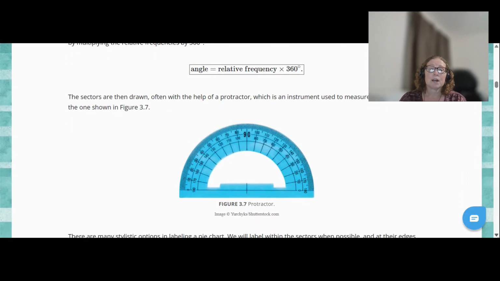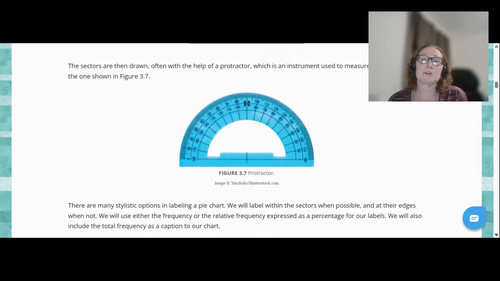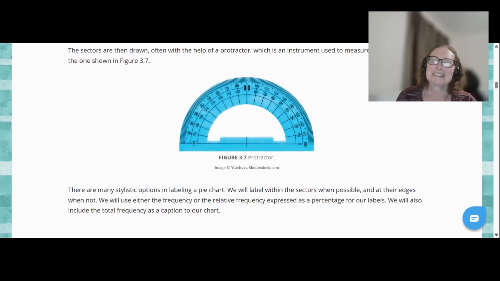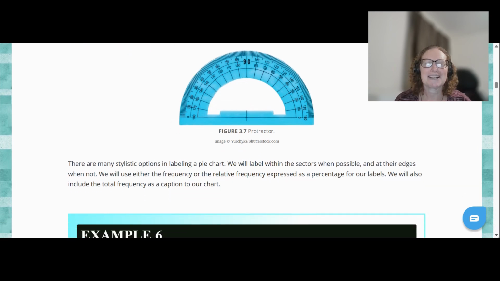And here we have the protractor. I don't know if you remember using those little plastic things in elementary school and middle school. They broke very easily, but anyway.